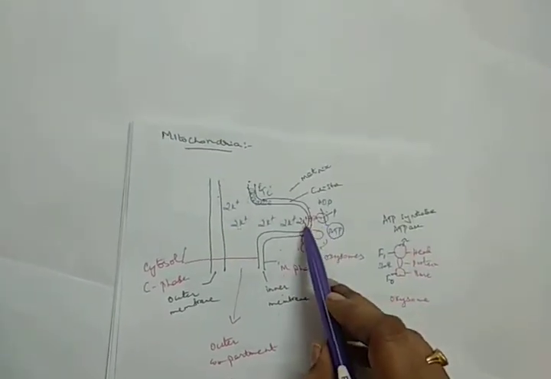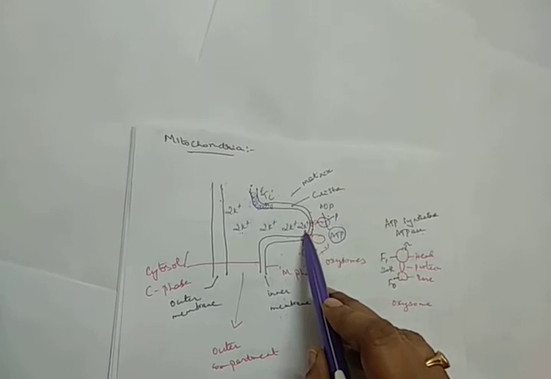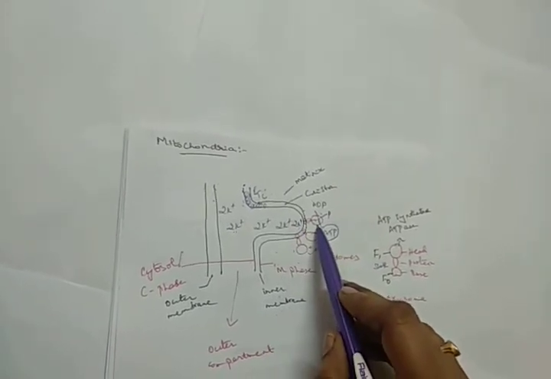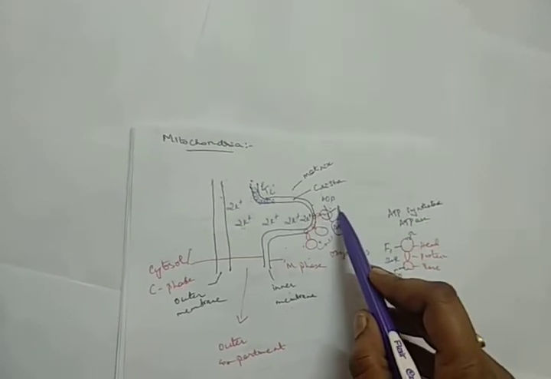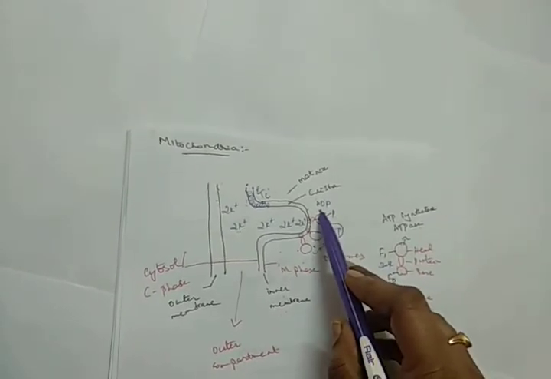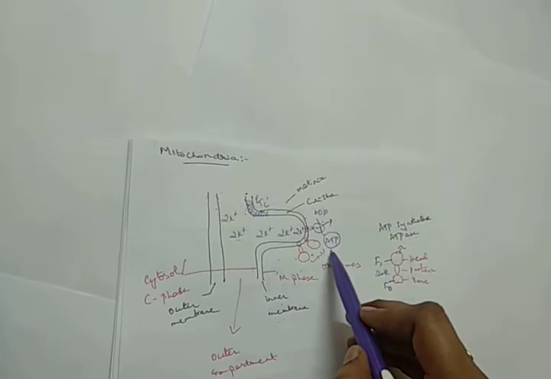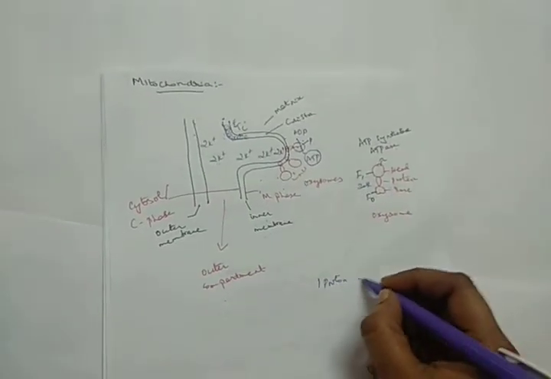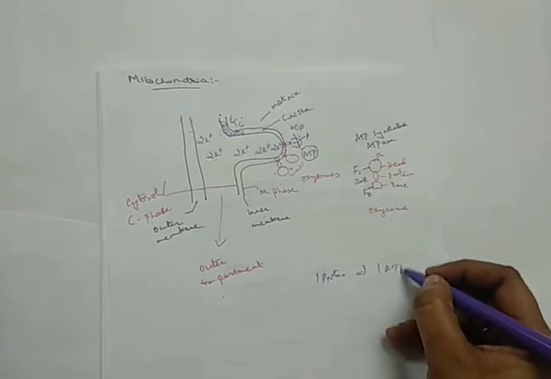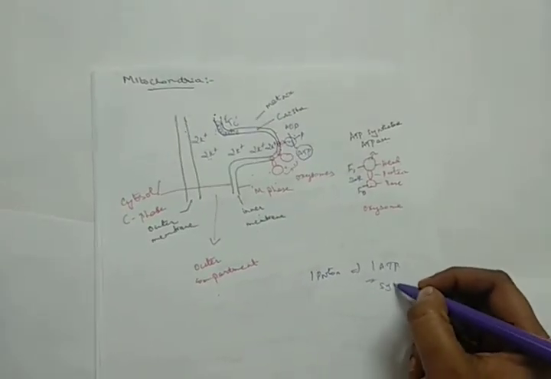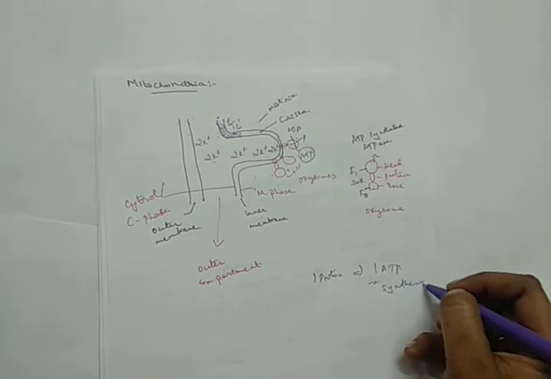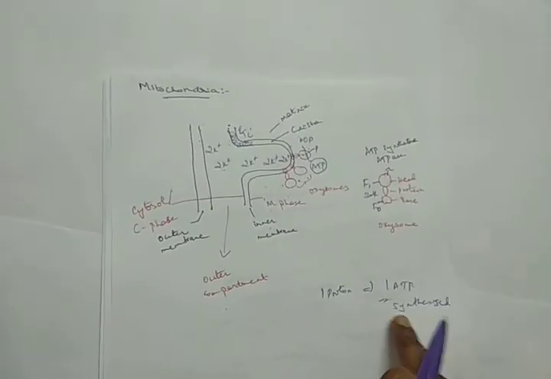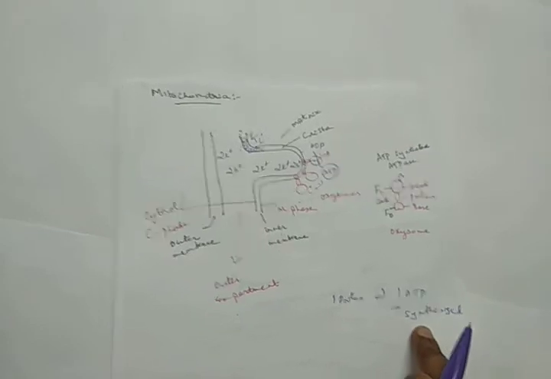So with the help of the high energy protons pumping through the oxysomes, the enzyme utilizes the inorganic phosphate along with the ADP molecule to form ATP. For one proton molecule, one ATP molecule is going to be synthesized.